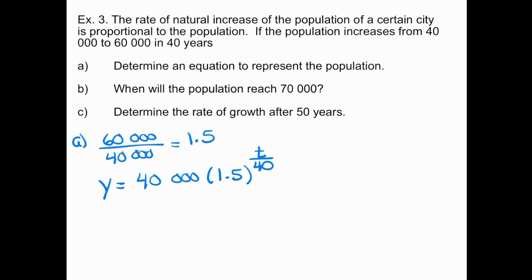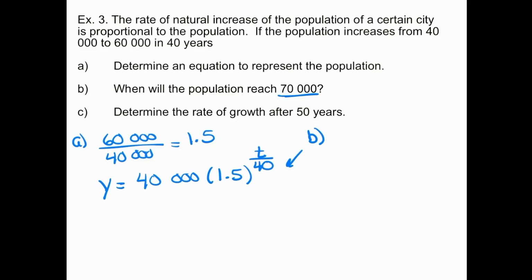That 40 is how long it takes. And t is going to be the time to get to our next population. So for part B, now we're going to use this equation to figure out for 70,000. So I have a feeling I'm going to need extra space, but we're going to give it a try and see how we make out here.